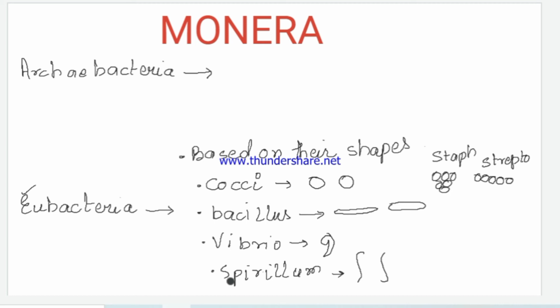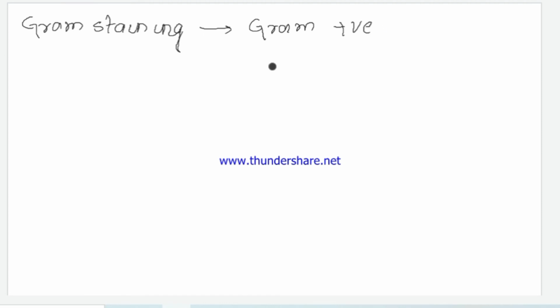And again, you have different staining techniques on which the bacteria are again classified. One very popular staining technique of bacteria is called the Gram staining, where the entire bacterial population are classified into Gram positive and Gram negative.